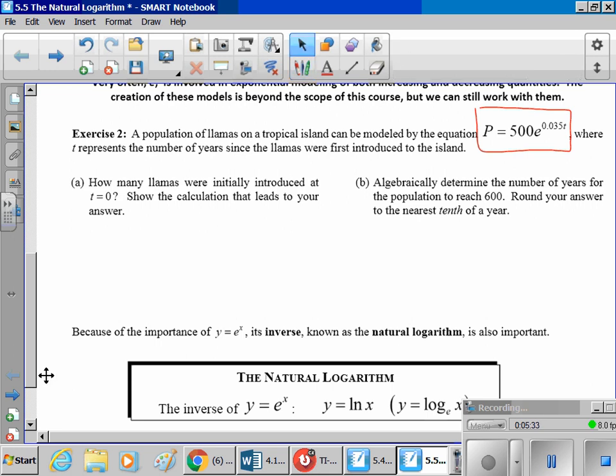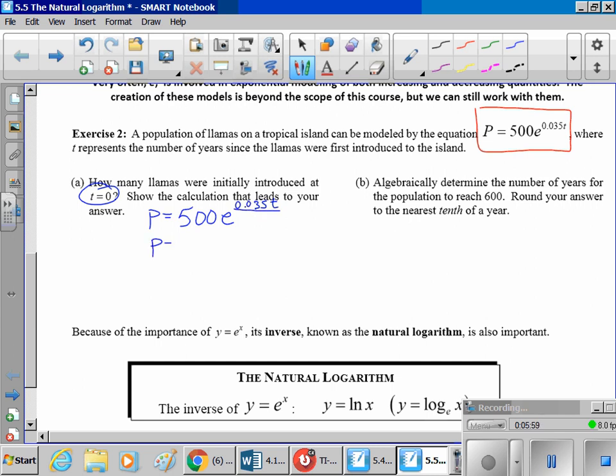So how many llamas were initially introduced at t equals 0? Show the calculation that leads to your answer. So we're going to start with our P equals 500 e to the 0.035 t. When t is equal to 0, my entire exponent goes to 0.